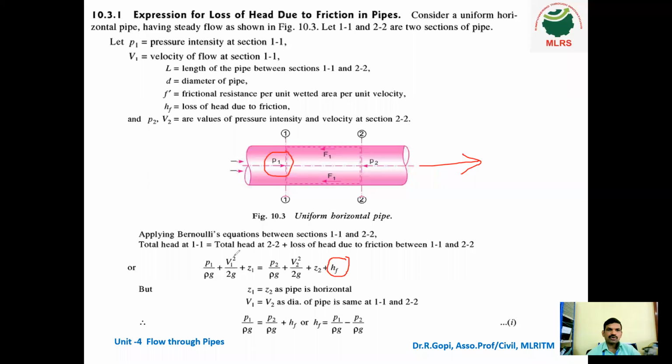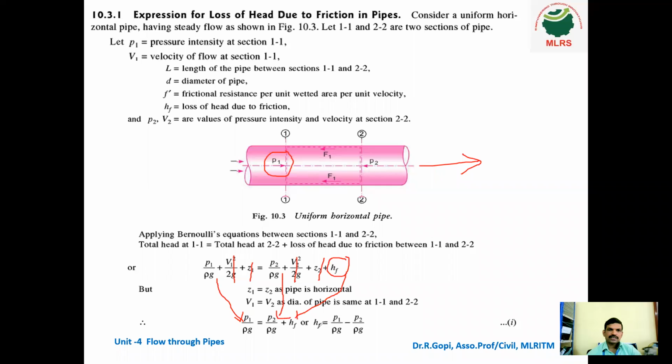So now cancelling these terms on both sides, what is the balance? P1 by rho G, and P2 by rho G plus HF. The other parameters are neglected.